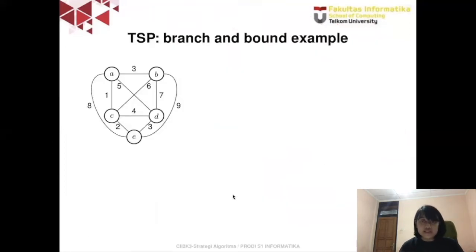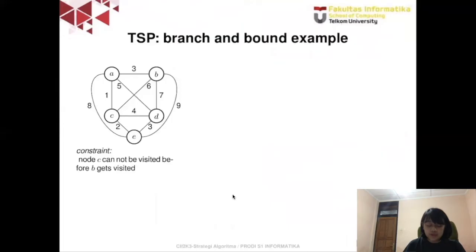Let's get to the example to have a clearer idea for this case study. So let us consider this graph for the TSP problem.